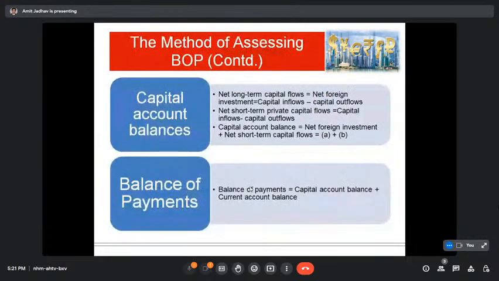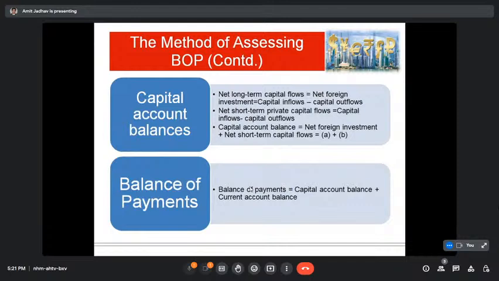Here we have another account, that is the capital account. How do we get the balance in the capital account? Net long-term capital flow is equal to net foreign investment, which is capital inflow minus capital outflow.